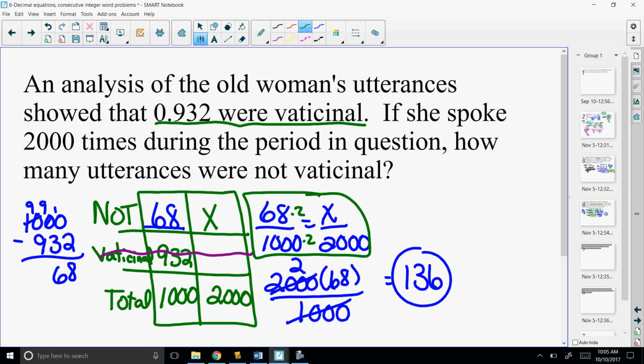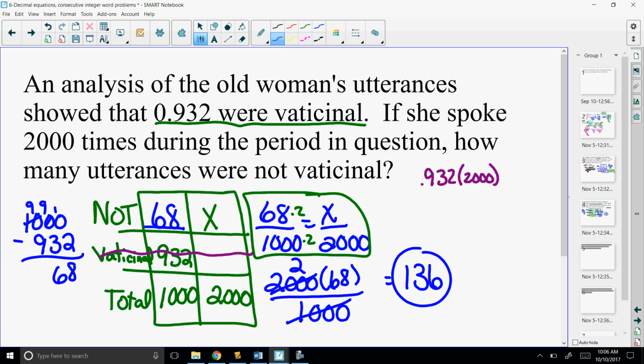This one is more difficult to set up as an equation because they give you what is and they ask you what is not. So normally what you do is you set it up as how many are. Here I would say, well, how many are vaticinal? It's 932 thousandths out of the total of 2,000 in question. I would have to multiply that together, find the answer, and then subtract it from 2,000.